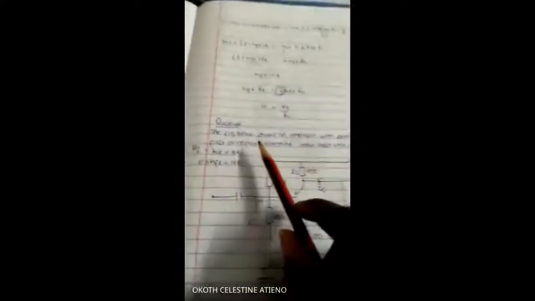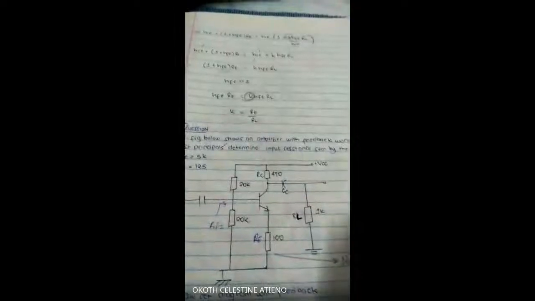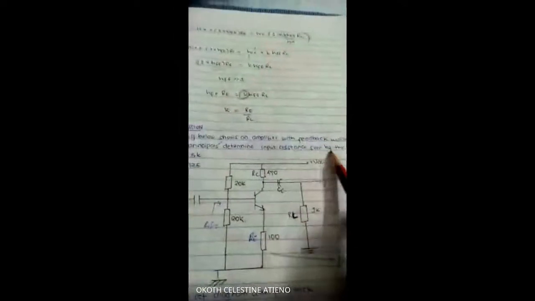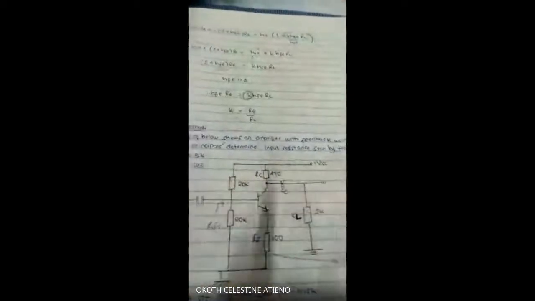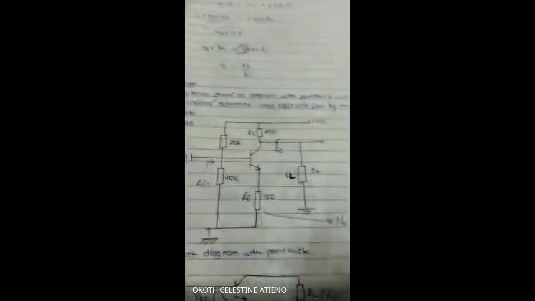The figure below shows an amplifier with feedback. Working from first principles, determine the input resistance seen by the signal. We've been told the input resistance HIE is 5K, because of what we did in first semester, and HFE, which is beta, is 125.